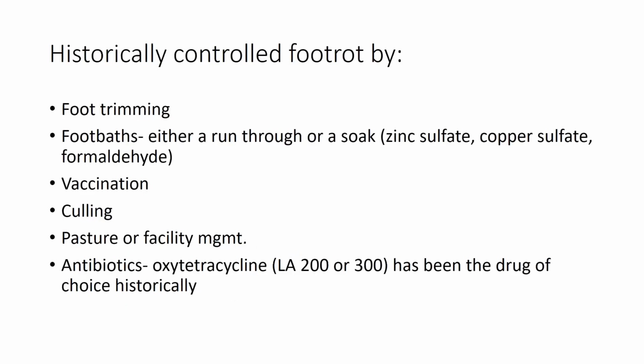Historically, we've controlled foot rot by a number of methods. Before I get started on that, let me say there's been a few newer developments the last few years, which I think have been really good, that can help us in our control and eradication of foot rot, that I think are going to be real industry changers.